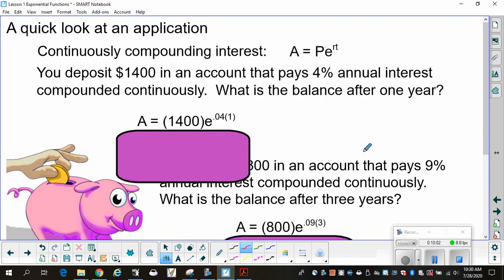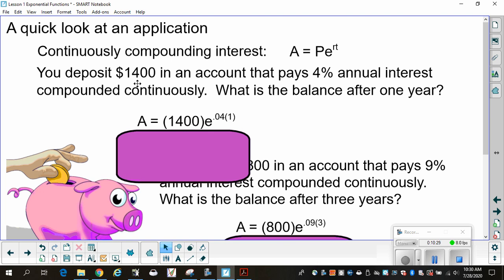Now, looking at an application, continuously compounding interest, they have this special little equation called PERT. Your future amount is equal to your current amount times e raised to the rt, where r is your interest rate as a decimal, and t is your time in years, because r is your annual interest rate.